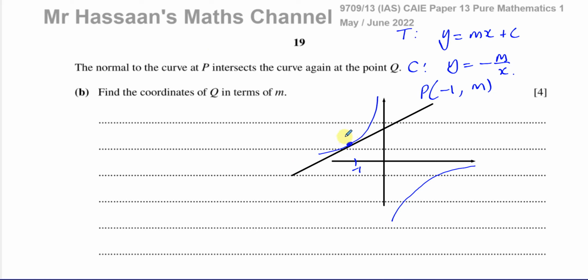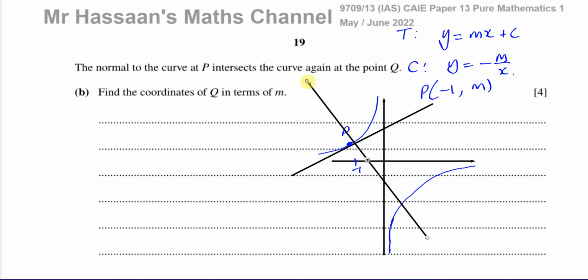Then it says the normal to the curve intersects the curve again at the point Q. So the normal to the curve is basically a straight line which is passing through the same point as the tangent but perpendicular to it. So the normal to the curve will be something like this. I haven't drawn it quite at 90 degrees.